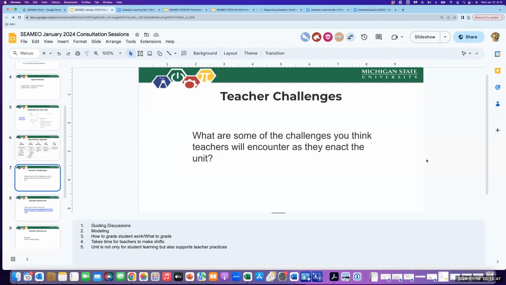I think that's why it's also important that when teachers come to professional learning, we really try to have them experience those practices, that we practice what we preach, right?